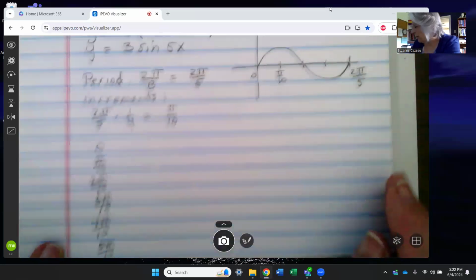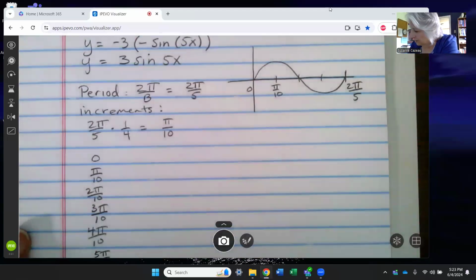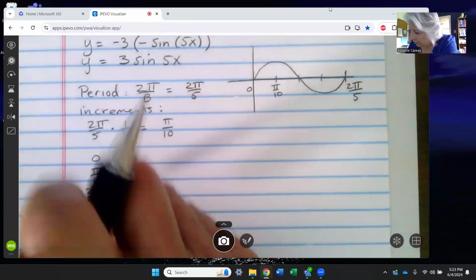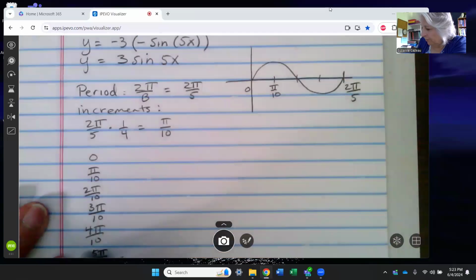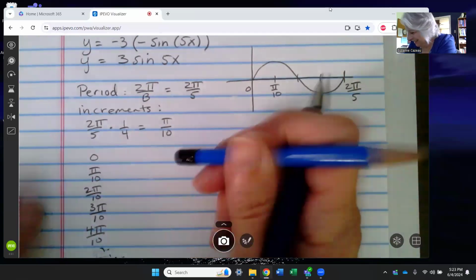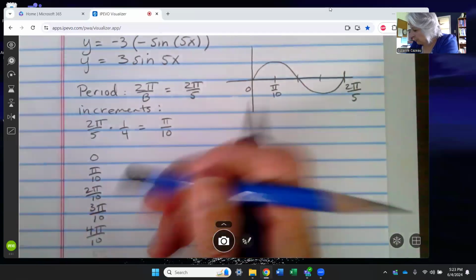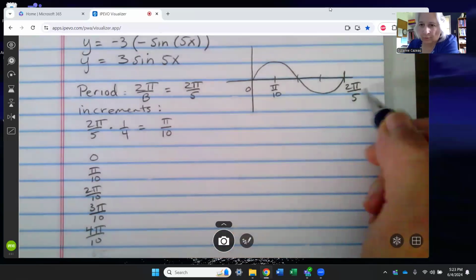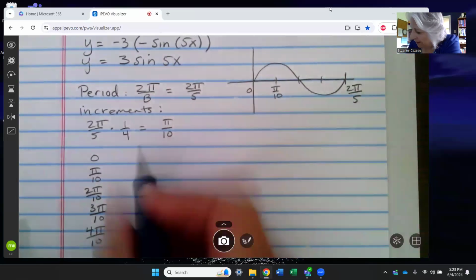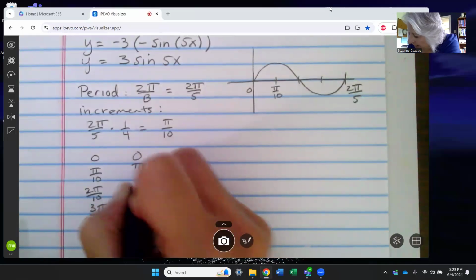Oh, we don't need that. That's too much. So 1, 2, 3, 4, 5. There should only be 5 points. But see, once you reach that last one, then you know that's when you're supposed to stop. And so I'm just going to rewrite that. Pi over 10.